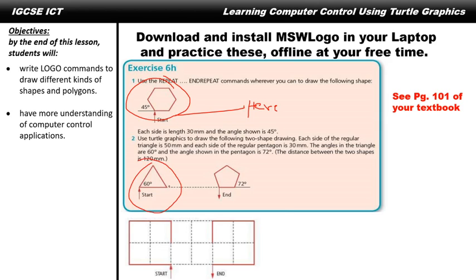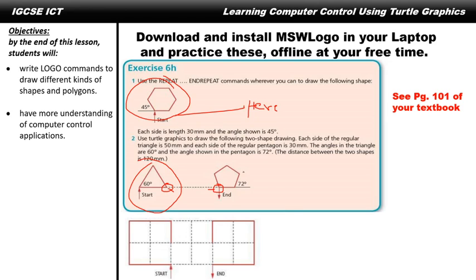Then when you get to this point, there's a gap between this point and there. So before you move from here to here, you need to pen up. These two shapes are drawn at once. Then when you get to this point, you pen down. Then you use your repeat command to just produce this shape.